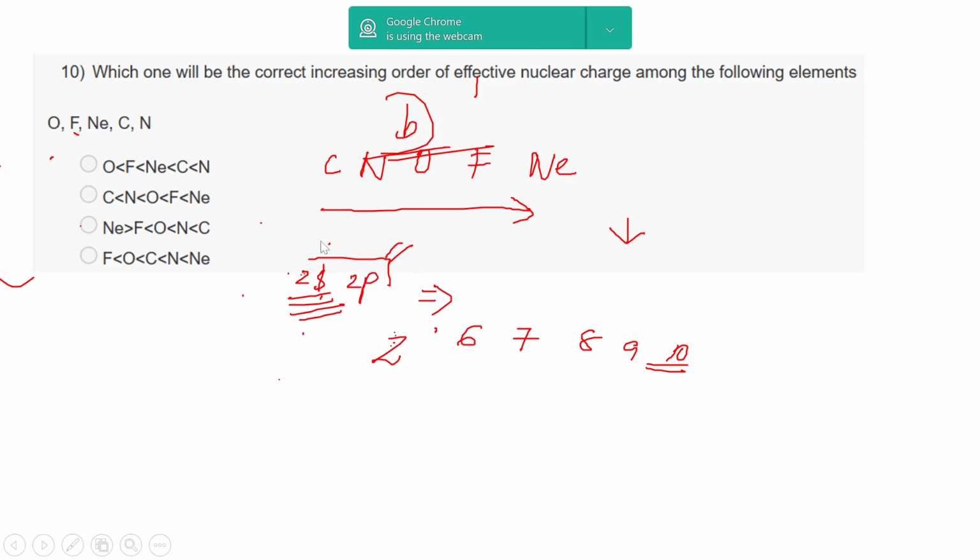But at the same time, the nuclear charge is increasing, which means that the effective nuclear charge is also increasing. Is it clear? So from that we can say that from carbon to neon, this is the option, option B, C, N, O, F, Ne. Ne will have the highest effective nuclear charge. Is it clear?